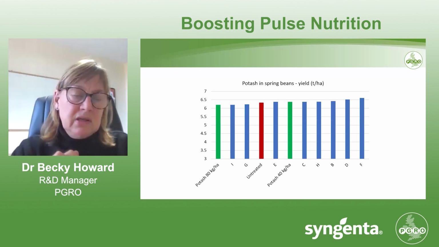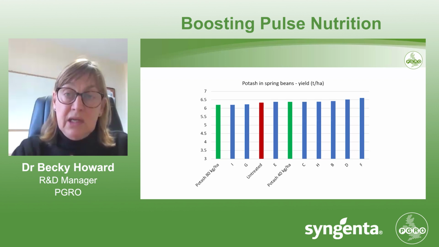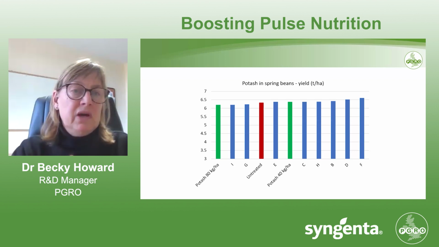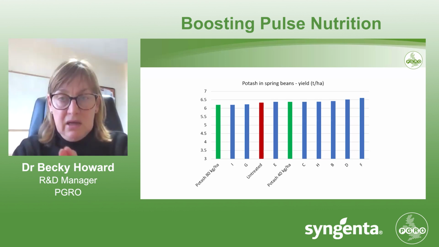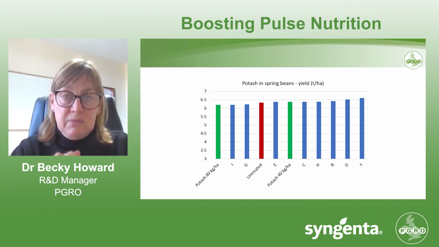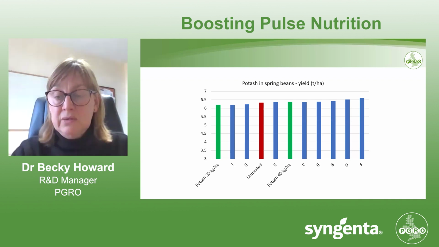And you can see there are no significant differences in yield between any of the treatments, and we've got a yield variation between about 6.2 and 6.6 tonnes per hectare. At this site, I should add, the potash index was at an index 2, so it's adequately supplied, and therefore we're not getting any yield response in that situation.